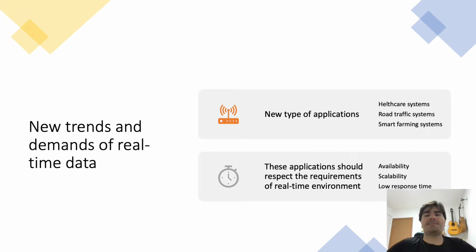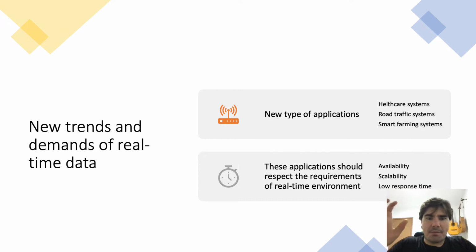In these systems, the data is produced by sensors, and the sensors produce a huge volume of data. That is why we need to investigate the new demands and requirements of this environment.